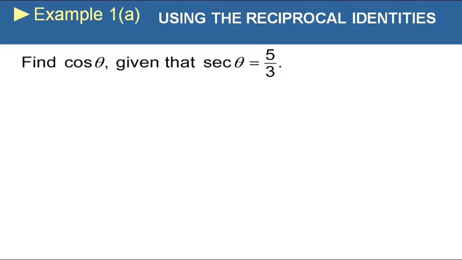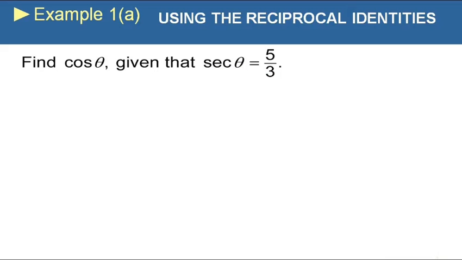And that leads us to example 1a. Find the cosine of theta, given that secant of theta equals 5/3. Now, the cosine is the reciprocal of secant, and so that suggests to us what we should do. I can turn secant into cosine by doing a reciprocal, but because this is an equation, I'll have to do the reciprocal of both sides.